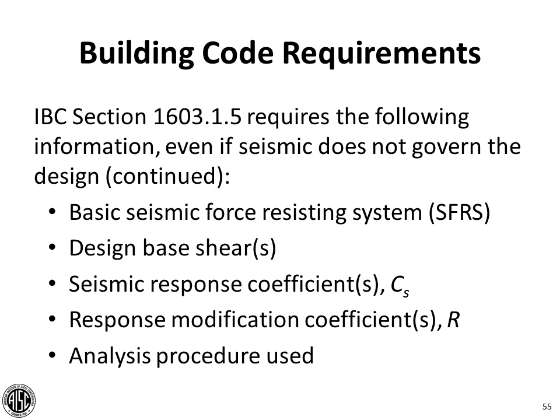In addition, the IBC, for example, requires that the seismic force resisting system be identified. It's very difficult for a fabricator to look at a drawing and see that there are moment frames or a brace frame, and know whether or not that's a special or an ordinary frame. They want to see the design base shears, seismic response coefficients, the R factor, and the analysis procedure that's been used.